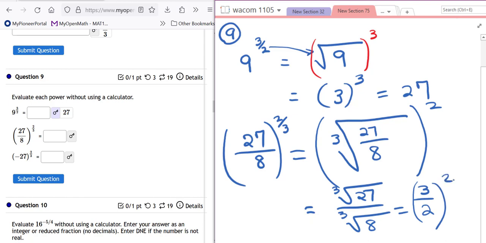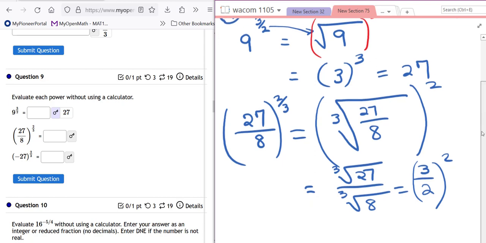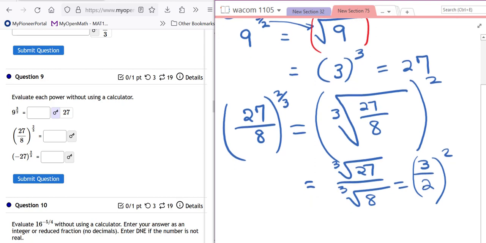Most of the time, it will go on the outside to help you clean it up. And then if you aren't able to clean it up, you put it on the inside. So we would still need to work this out. A power on the outside of the parentheses will go to each one. So we're going to have 3 squared over 2 squared, which is 9 over 4. So we had to do a little work there.